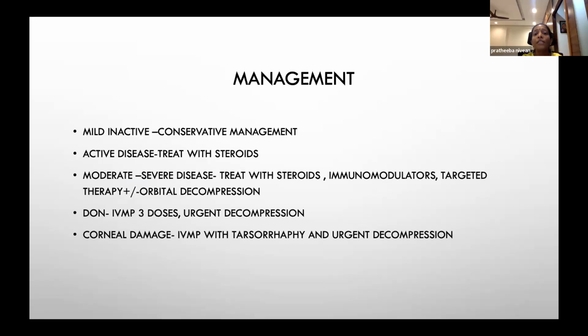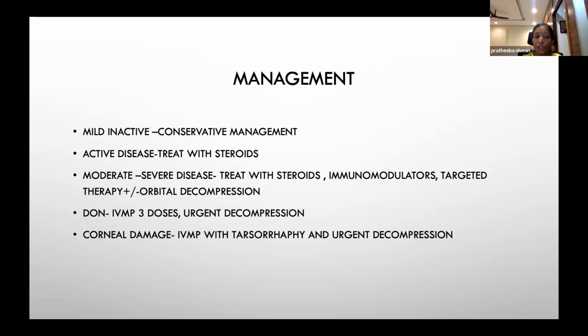Coming on to the management, so we diagnosed thyroid eye disease. We detected the activity and severity. One thing you should understand is that any mild inactive case should be managed only conservatively and followed up. Any active disease should be treated with steroids. If the patient has moderate or severe disease, we can treat with steroids plus or minus immunomodulators, targeted therapy, whatever is available within our premises, and plus or minus orbital decompression.